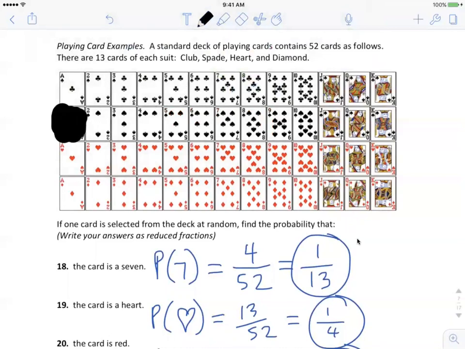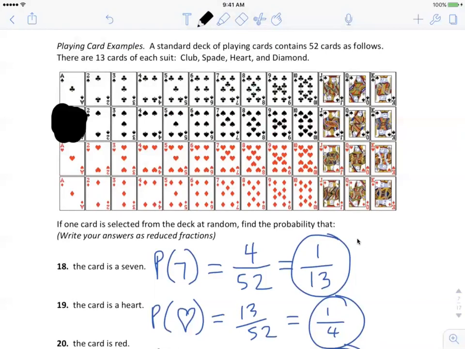All right, it's gone. Now, notice there was 52 cards, now there's only 51 left. There were 4 aces, now there's only 3 left. So if I'm going to find the probability of the next card being an ace, it's going to be 3 possible cards out of a total of 51 total cards in the deck.